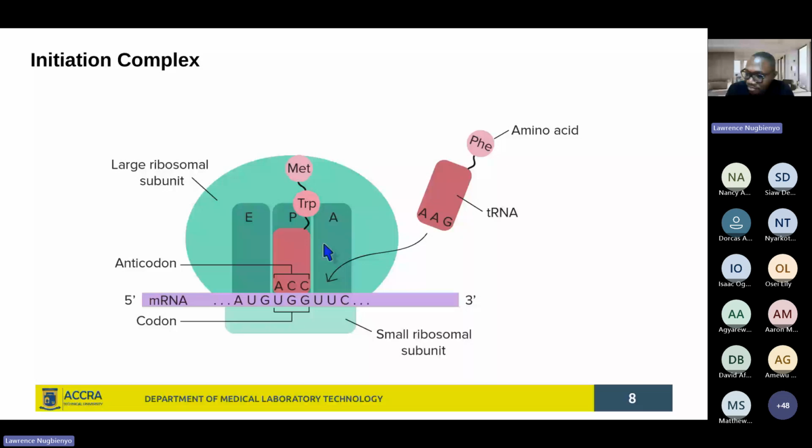All right, let me take a question. It says, please, I know of transcription and translation of prokaryotes and eukaryotes. Please, I want to ask whether we are interested in the eukaryotes or both prokaryotes and eukaryotes, replication, transcription, and translation.